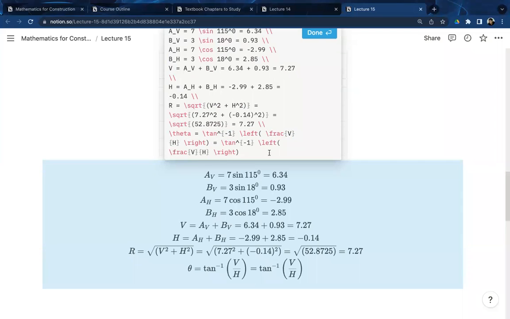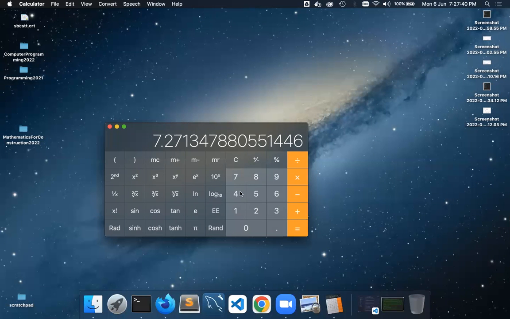This is tan inverse of what over what? V is 7.27 and H is 0.14. This is a big number, right? 7.27 divided by 0.14. Let's see that. Right, so it's 51.93.